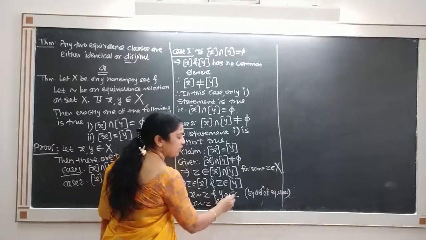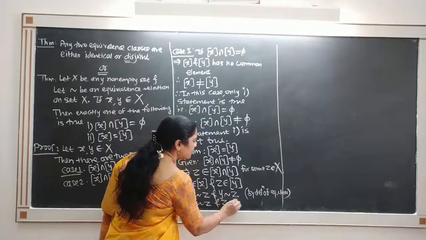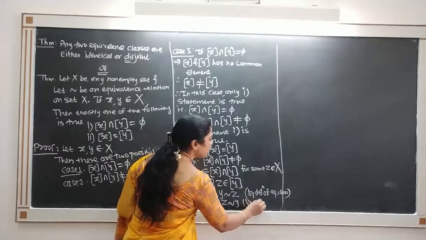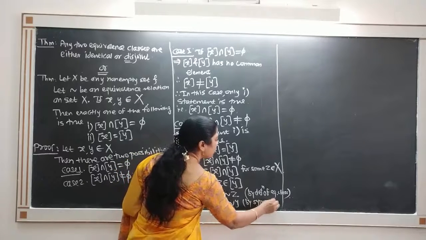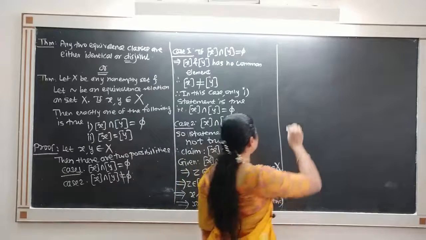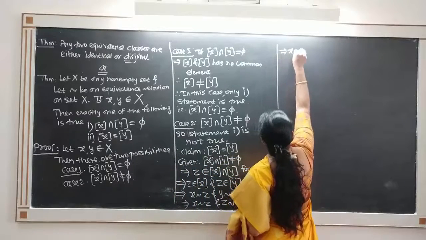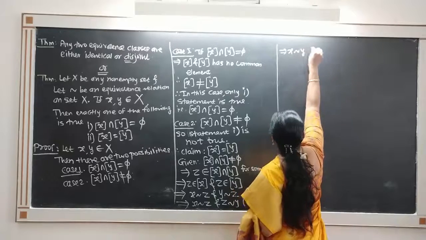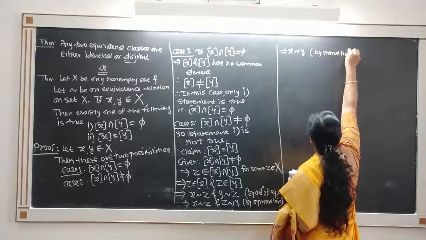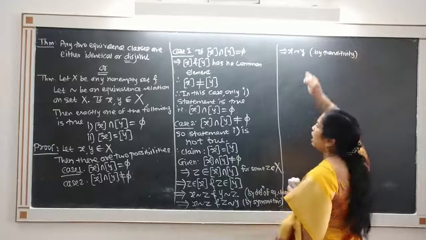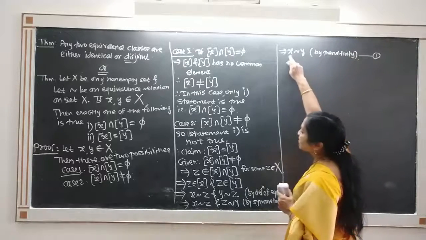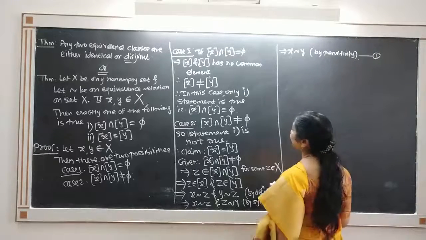I use the symmetric relation: this implies that Z is related with Y by symmetry, because the relation is an equivalence and so it is symmetric. And then by transitivity, X is related with Y. I will consider this as the first statement, that is, X is related with Y.